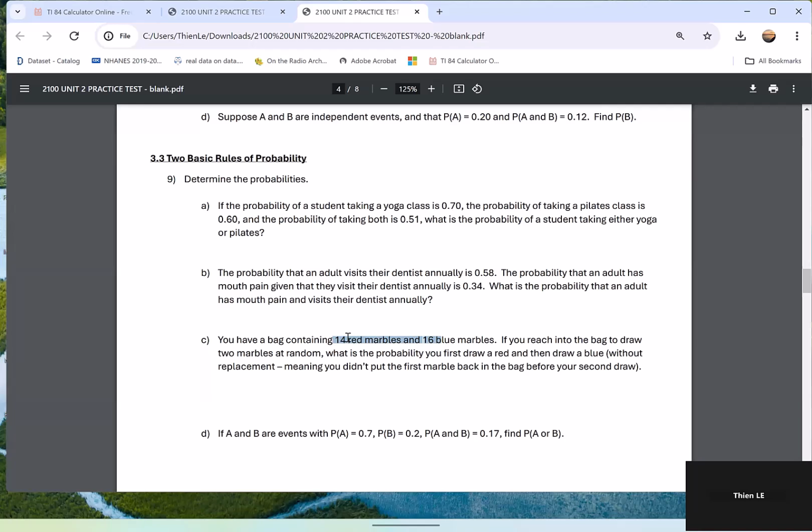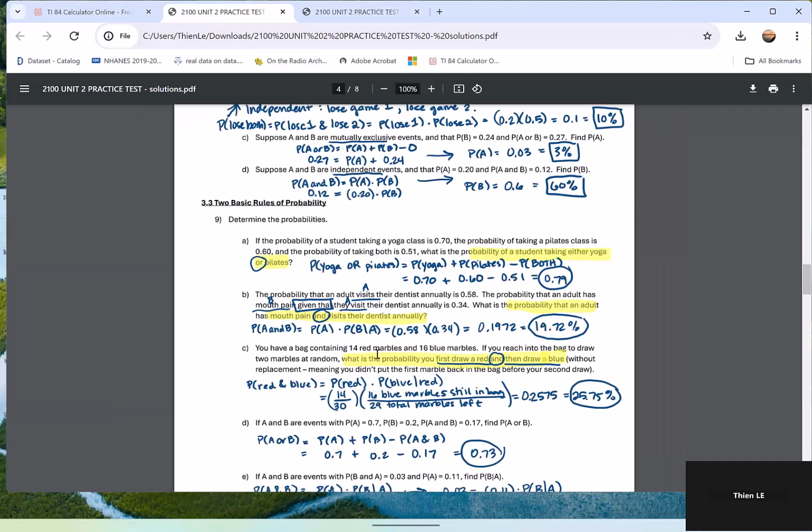So your probability will be 14 divided by 30 times 16 divided by 29, and it gives you this number.